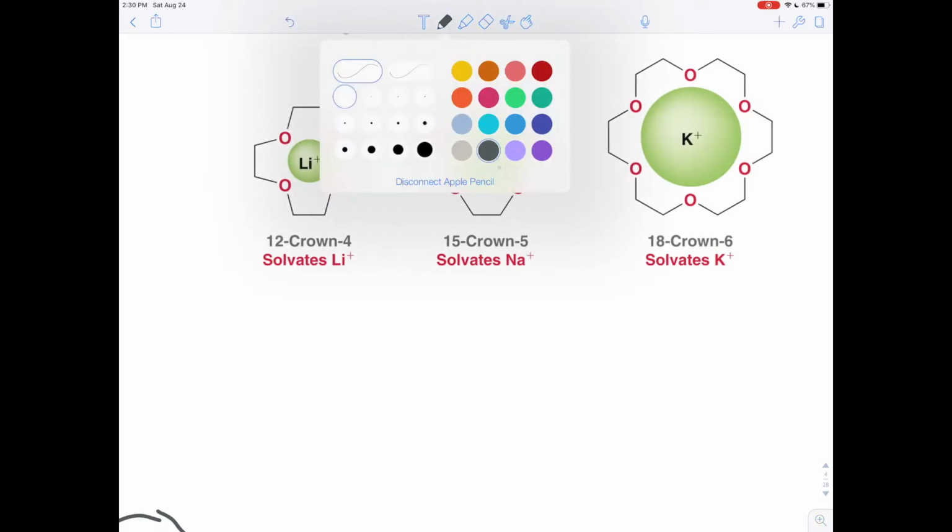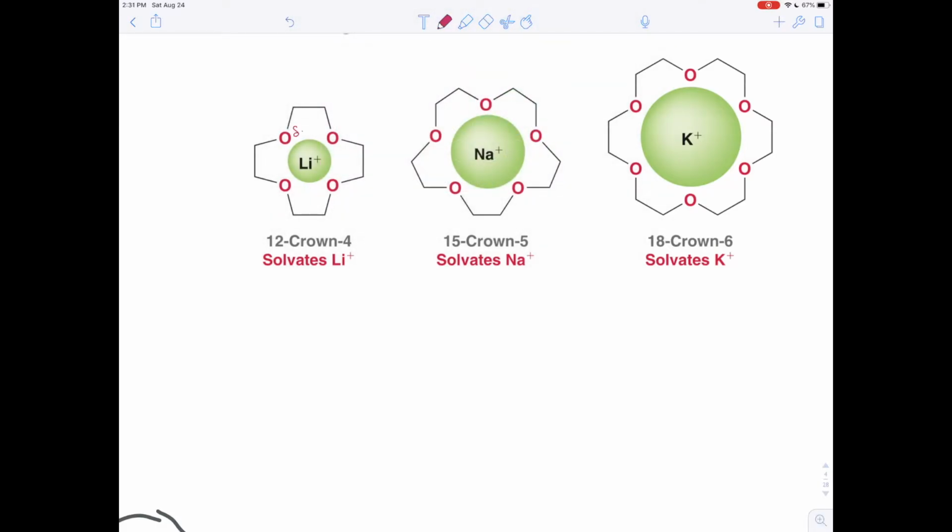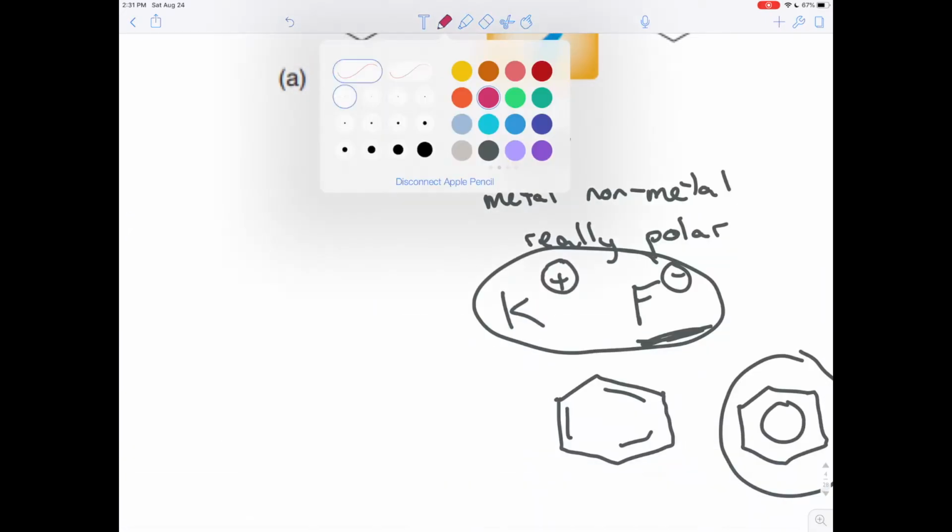The significant thing about them is that those oxygens are very electronegative, and so they pull electron density to themselves and become slightly negative, that's what that lowercase Greek letter delta means. And so the cations, with their positive charge, are attracted to the spaces inside of them. They look a little bit like crowns, and you can imagine someone putting this thing on their head. So they're called crown ethers.